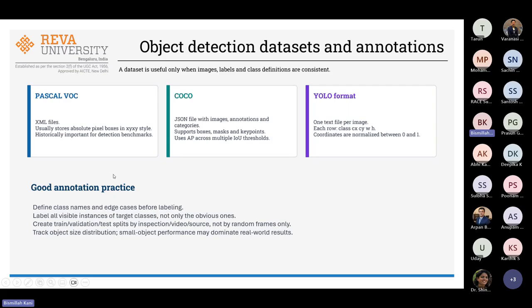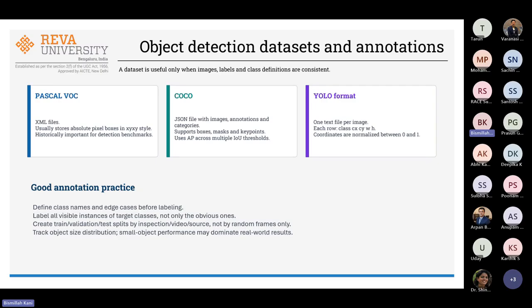Some of the good annotation practices: you start with a problem statement. You know what the use case is that you are trying to solve, and what the target objects are that you are trying to identify. Just like how I created a project and defined 3 classes, like car, bus, and person, you need to define those class names.